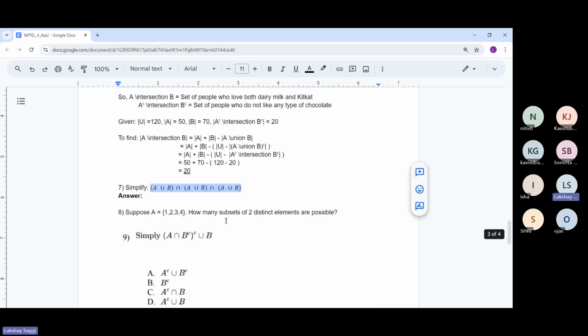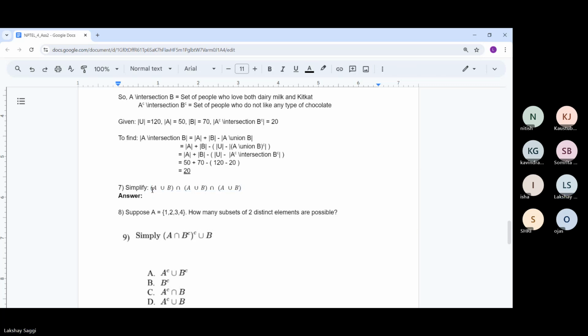For a set X, X intersection X is equal to X, and X union X is also equal to X. If you consider this A union B as a set X, then this is just X intersection X intersection X, which is X. So this leaves us with A union B.